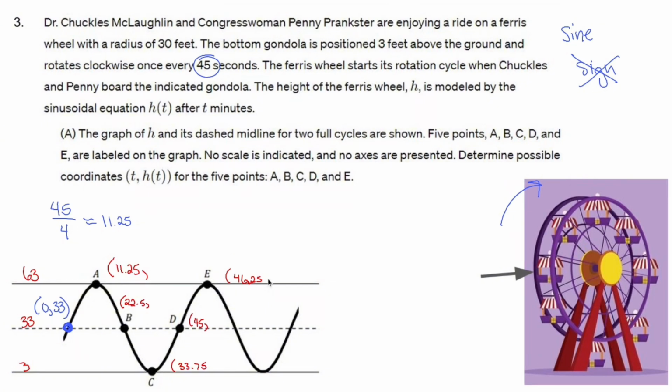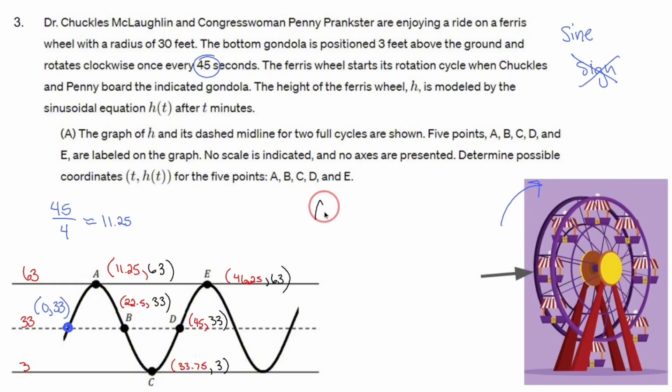46.25. Okay. Now the heights for these guys are obvious. 63, back down to 33, back down to 3, back up to 33, and back up to 63. So technically, since it doesn't tell me how many cycles are done in a ride, I have an infinite amount of answers.